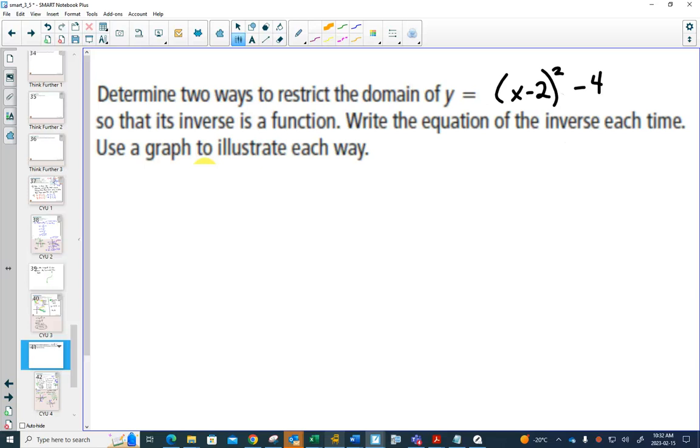And for you, you have a blank page on page 251. So if you want to write this one down on a blank page, you can go to page 251 and write this example down. So we'll do another one. Determine 2 ways to restrict the domain of y equals (x minus 2) squared minus 4, so that the inverse is a function.